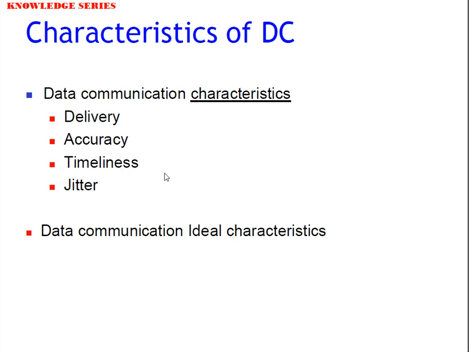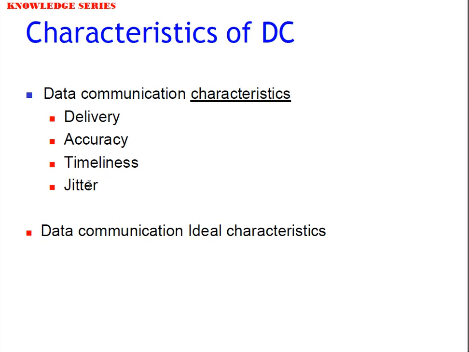Timeliness means the data must be delivered by the system on time, without much lag. Otherwise there will be a variation in the information received at the receiver. For example, audio communications or video transmissions should take place in a proper way between the sender and the receiver. Otherwise the real-time transmission will not take place.